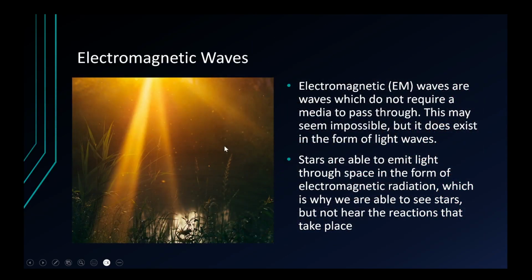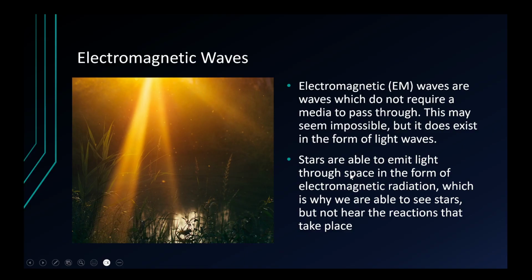And the other kind is known as electromagnetic. We're going to get onto the electromagnetic spectrum in about a chapter or so. But electromagnetic waves are different forms of light, and they travel at light speed. So they don't require a medium to pass through. That's just because it's light. These can also be called electromagnetic radiation.